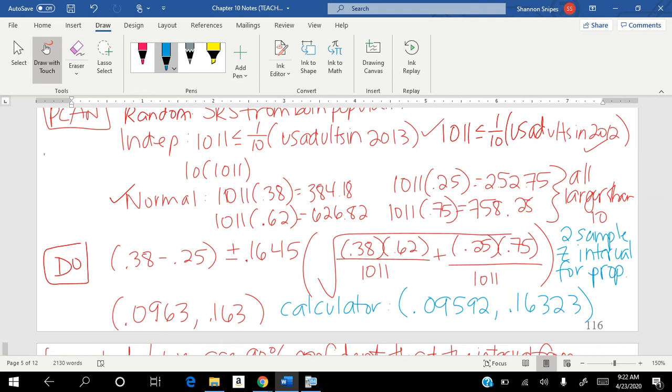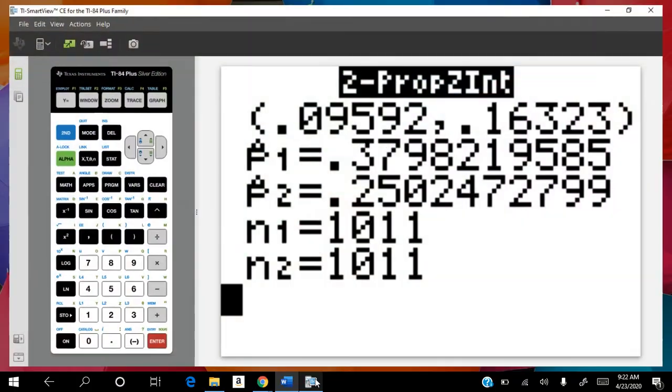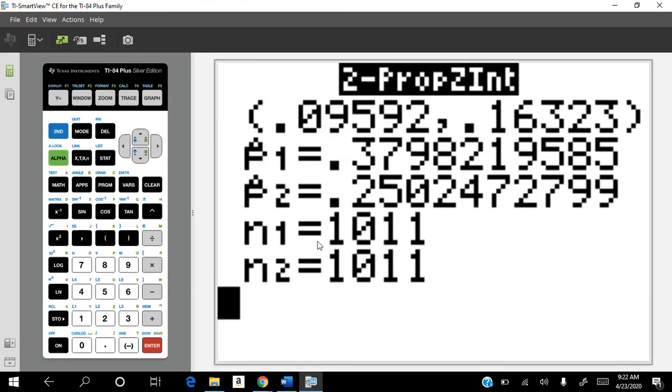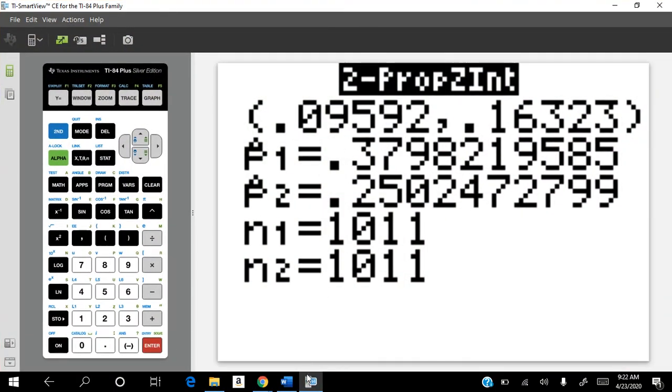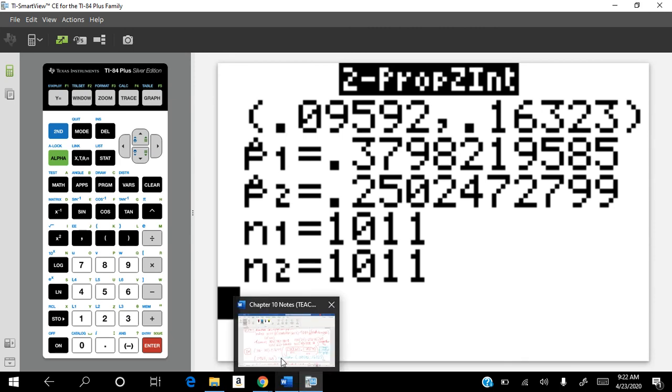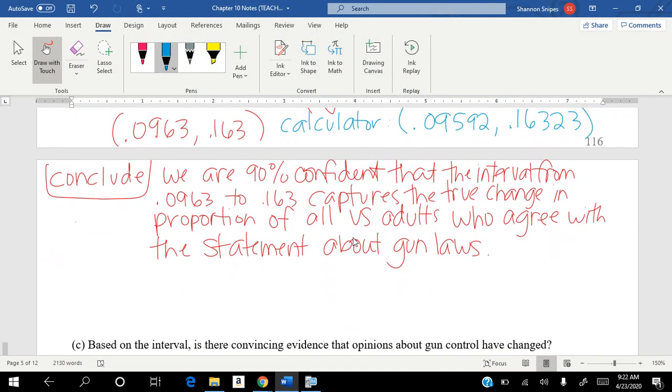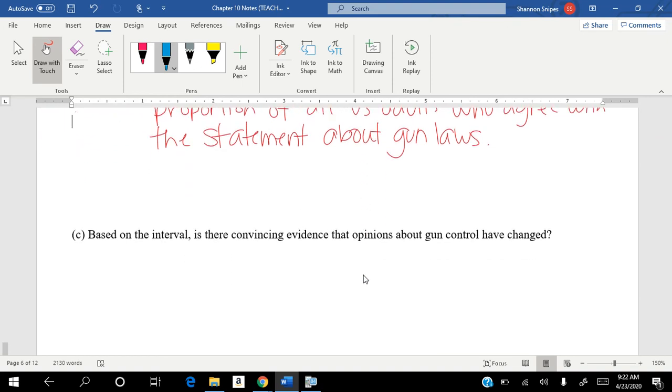So if you're going to use the calculator, you want to make sure that you have down the name of your inference method. You don't need to write all that down because you've written that down somewhere on your paper already when you were checking the conditions. All right, so we're 90% confident that the interval from 9.6% to 16.3% will capture the true change in the proportion of adults who agree with that statement about gun laws.